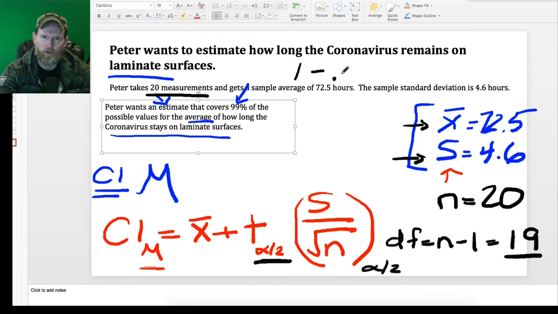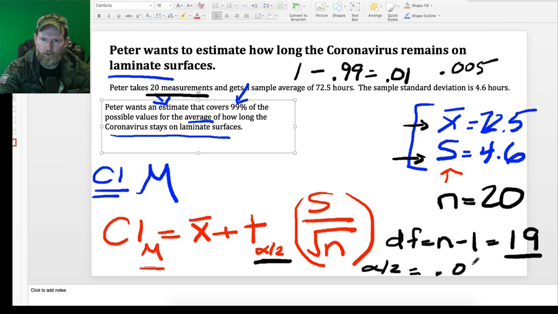Then we say 1 minus 0.99 equals 0.01. Well, that's alpha. To determine alpha half, we take half of that, which is 0.005. So alpha half is 0.005.